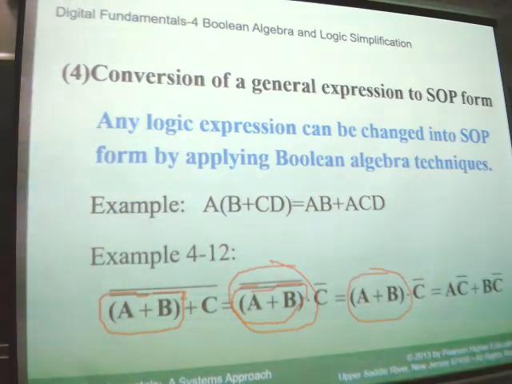We know that A plus B and C bar equals A C bar plus B C bar. That is the conversion of our general expression to SOP form.